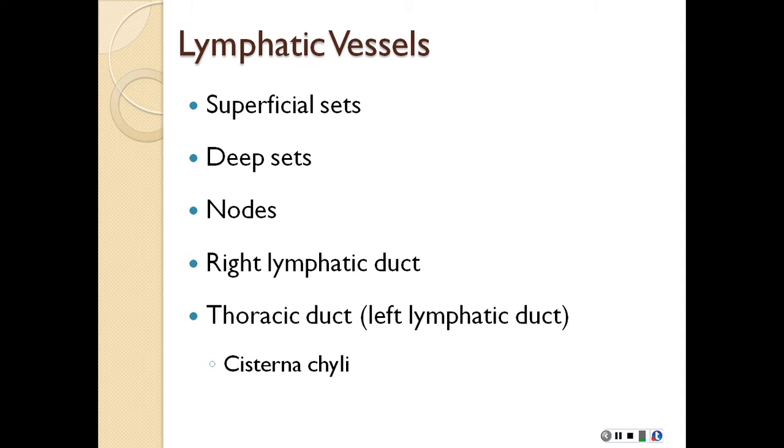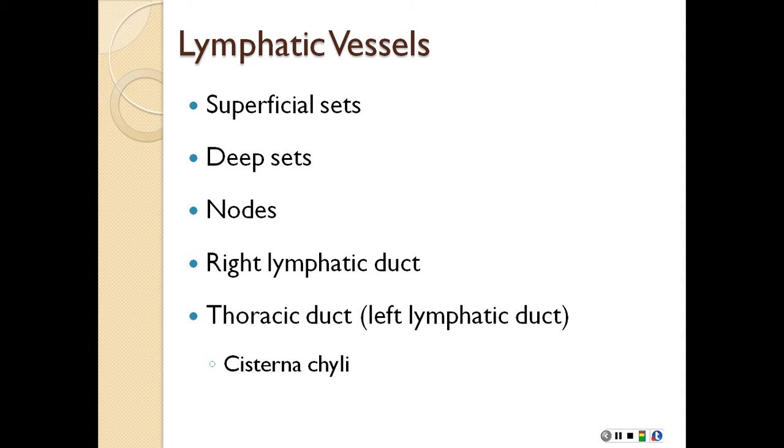Lymphatic vessels, this just goes through the types of vessels, the location of the vessels, and the location of nodes. And then the ducts, I do need for you all to know about the right lymphatic duct and the left lymphatic duct, which is called the thoracic duct. Those should be thought of as collecting ducts.